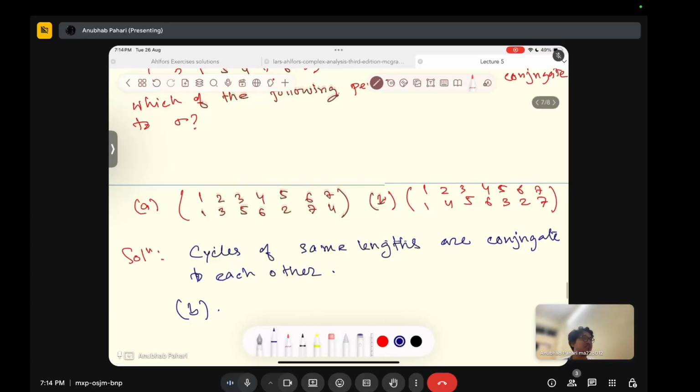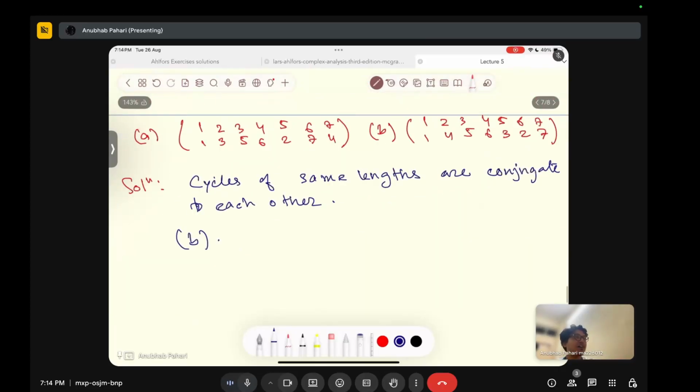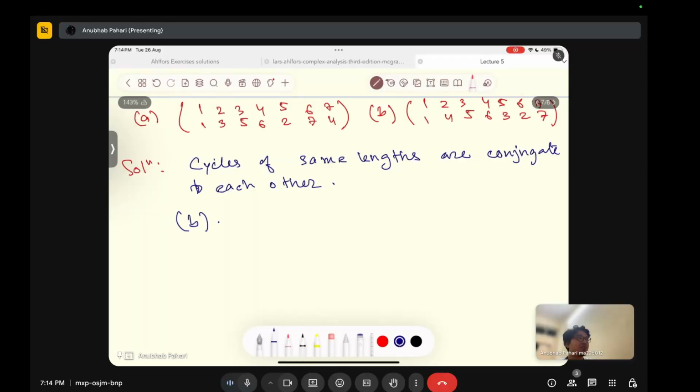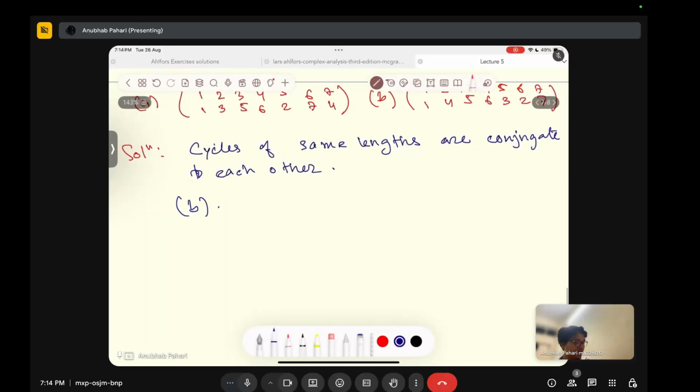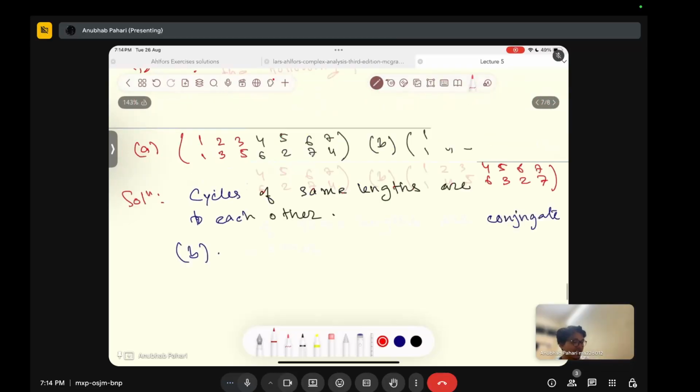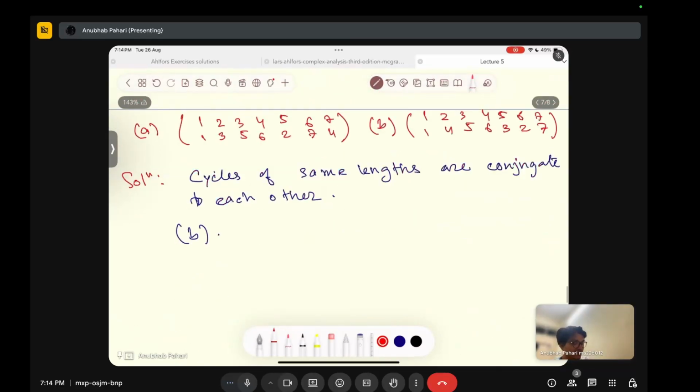Let us do this. It will involve some Sylow theorem, Sylow p-subgroup. Select question one.